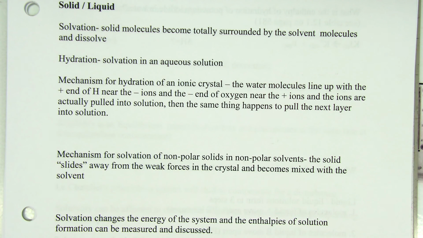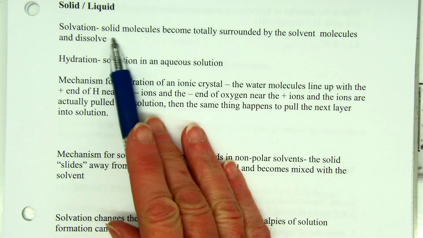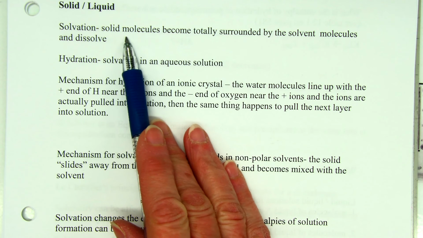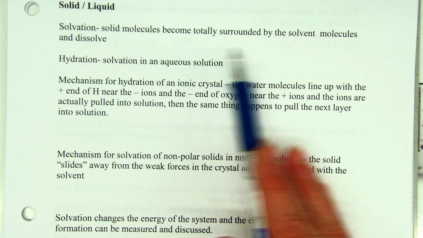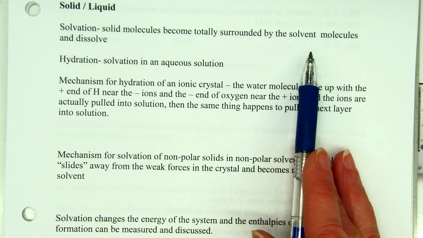Now, when we make liquid-liquid solutions, they just kind of have to spread apart. When we make solid-liquid solutions, we have a little different thing going on. The solid molecules, or the ions if it's an ionic compound, become totally surrounded by the solvent molecules and dissolve. It's the solute, not the solvent, that becomes surrounded.